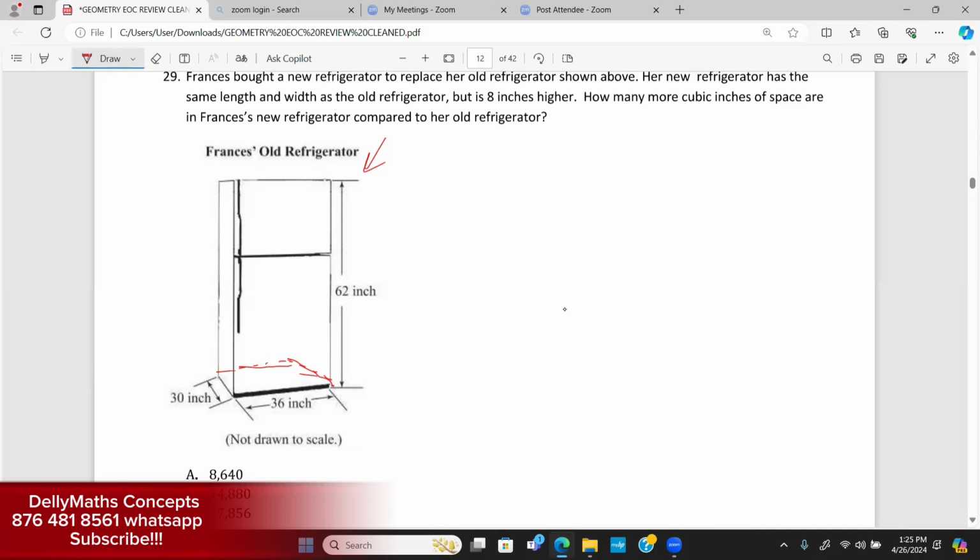So basically, all you have to do is take this area and bring it up by 8 to create that extra space. So we have 36 by 8 to get that extra space. We're multiplying all of these. I'm getting 8,640. A.